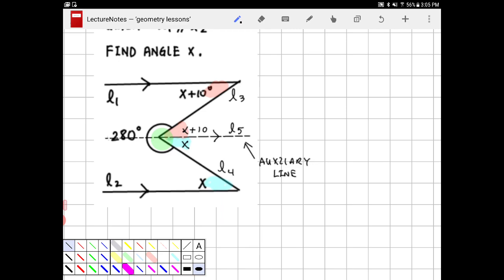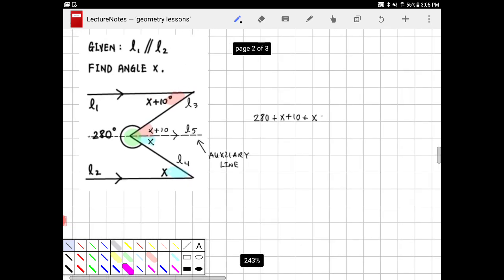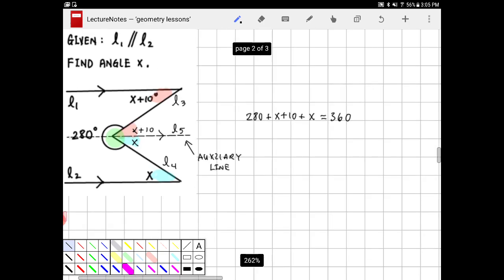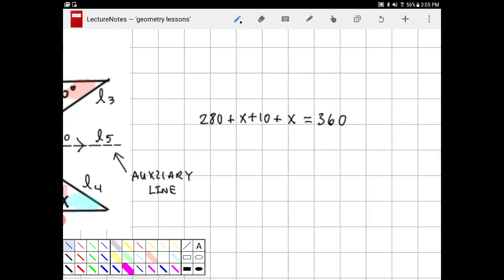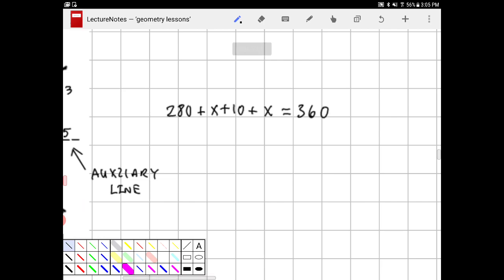So that's the quote-unquote trick. So here we have 280 plus x plus 10 plus x is equal to 360. And now this is turned into an algebra problem and not a geometric problem.